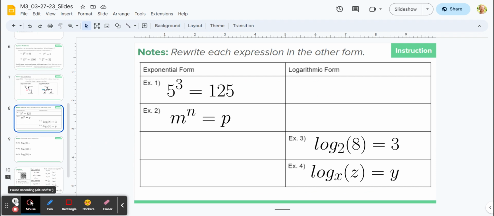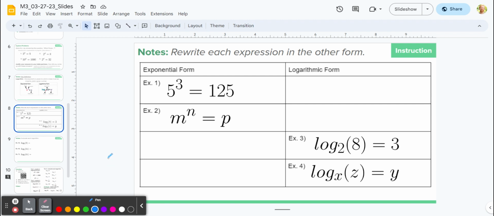So let's try rewriting a couple of these from exponential form into logarithmic form. So now we're going to fill out examples 1, 2, 3, 4 in our table to make sure we have a good understanding of how to jump back and forth here. So example 1, 5 to the third power equals 125.